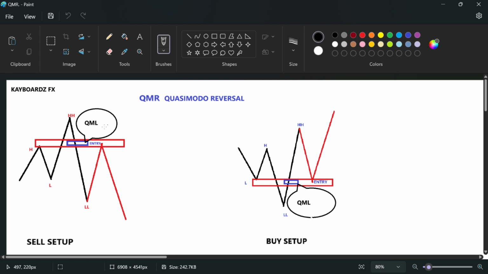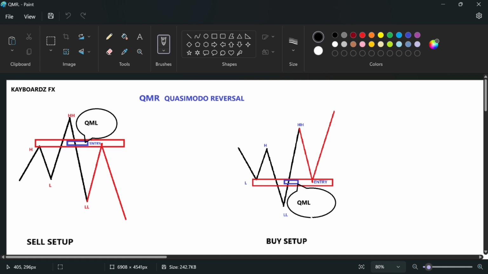Now, as you can see, the structure I labeled right here is a Quasimodo reversal structure. For a sell setup, we have the high, low, higher high, lower low, and the entry. Now for the QM level, for a sell setup, if it has a supply zone, then the supply zone, which probably SMC traders call order block or whatsoever, is your QML.